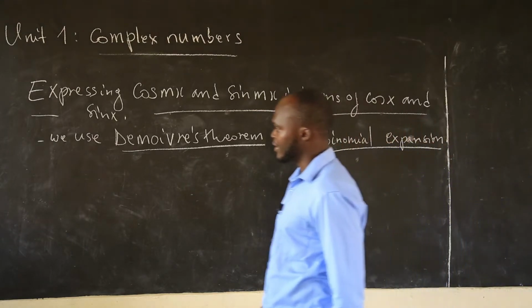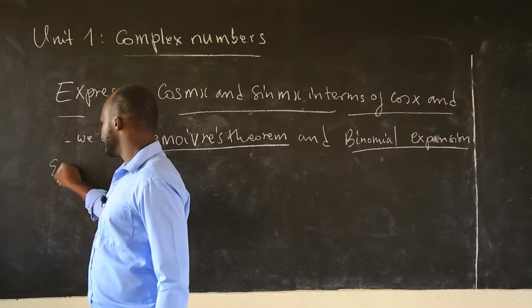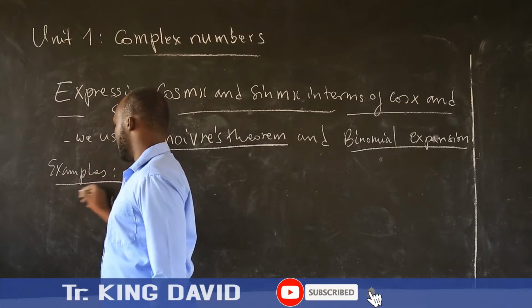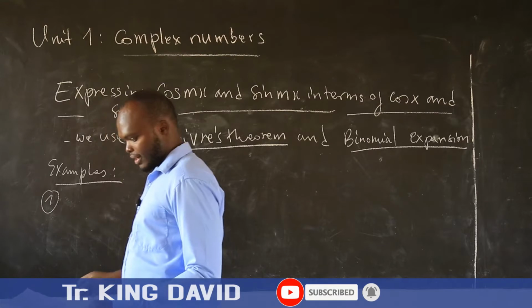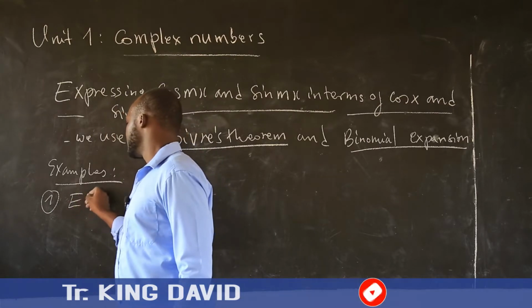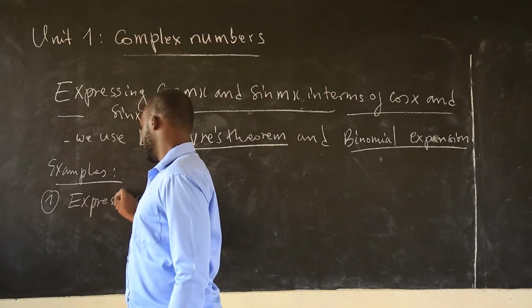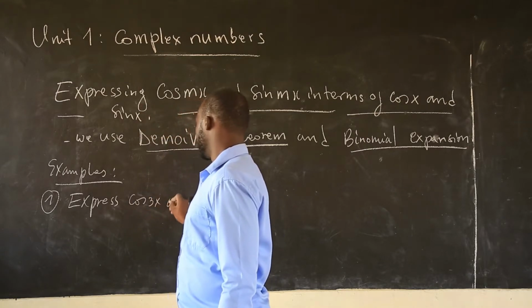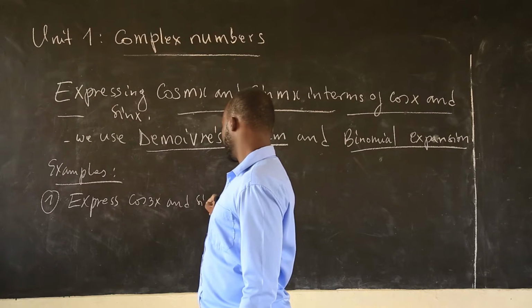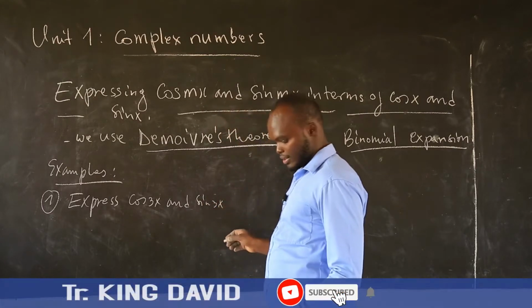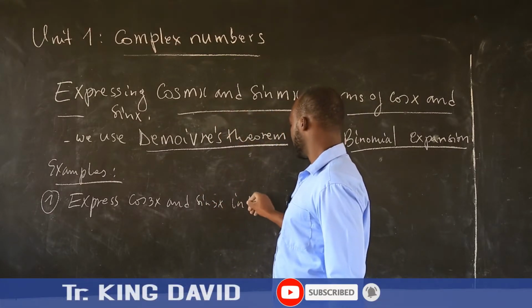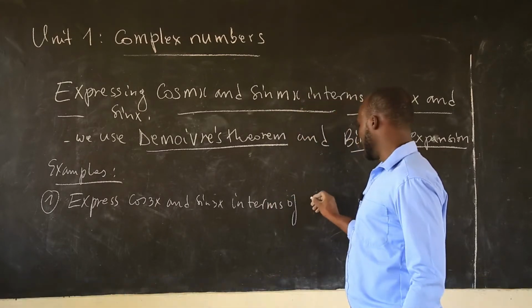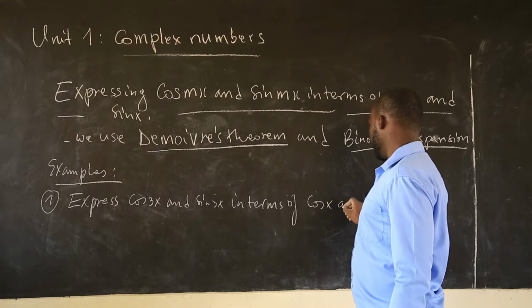We have examples here. Example number 1: express cos 3x and sin 3x in terms of cos x and sin x.